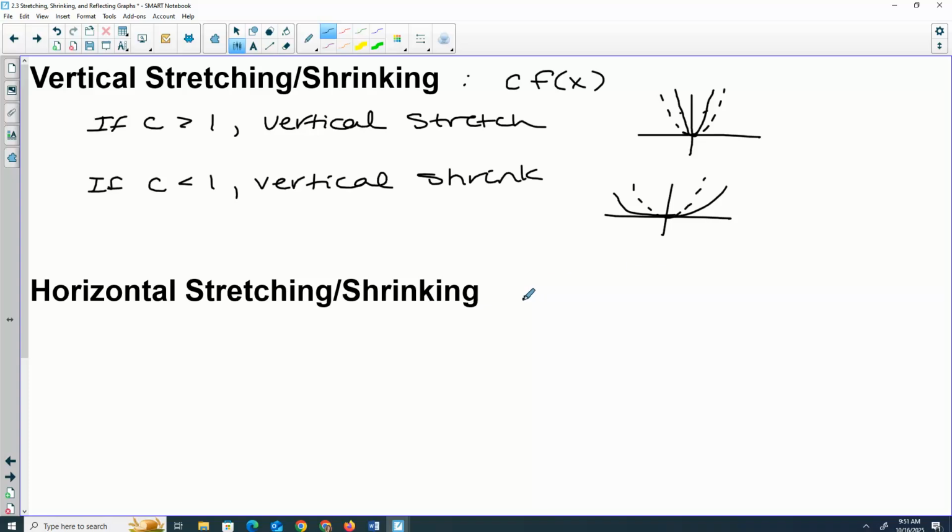Horizontal, anything on the inside changes x, and it does the opposite of what we expect. Just like yesterday, we talked about inside x is opposite. So if that number is bigger than 1, it's actually a horizontal shrink.